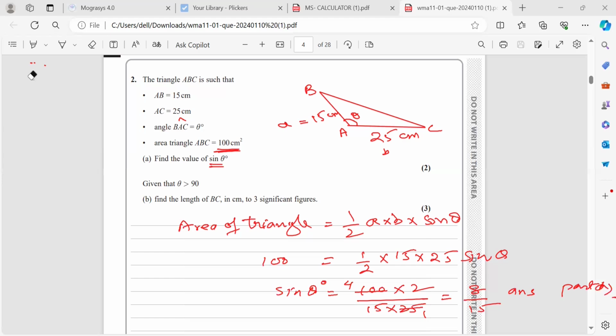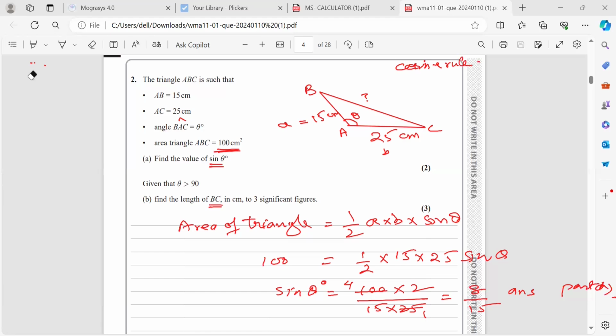Now we look at part B. Find the length of BC. We have to find this length. Whenever we have this situation, when two sides and one angle are given, but the pair of angle and opposite side is not given to us, then we use the cosine rule. So what is the cosine rule?